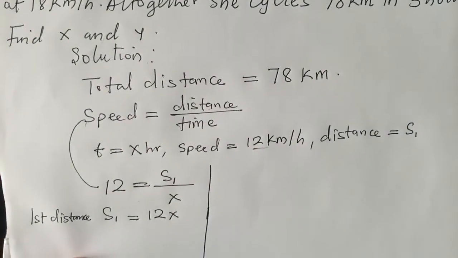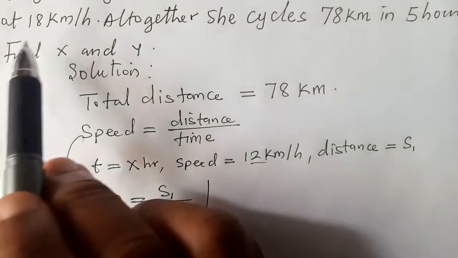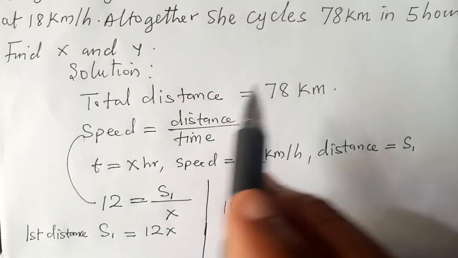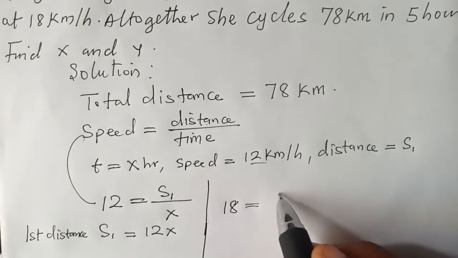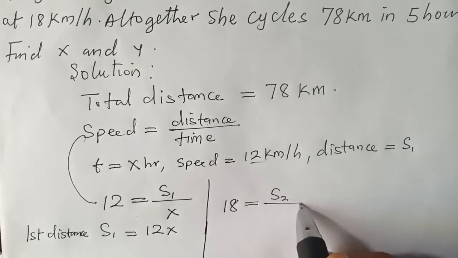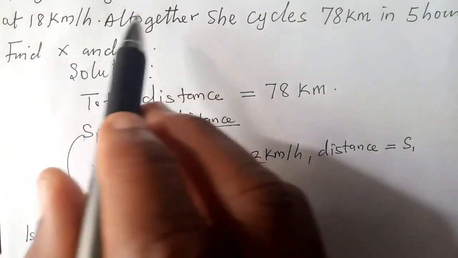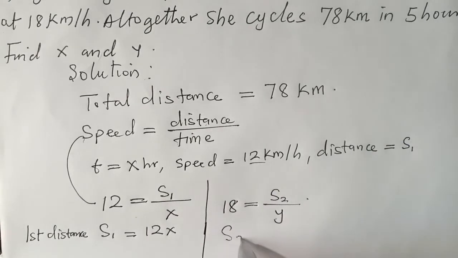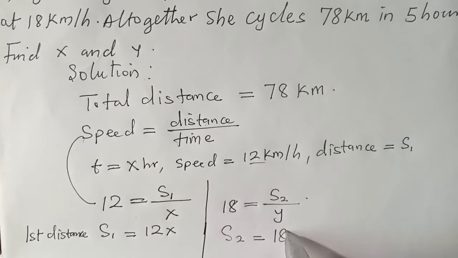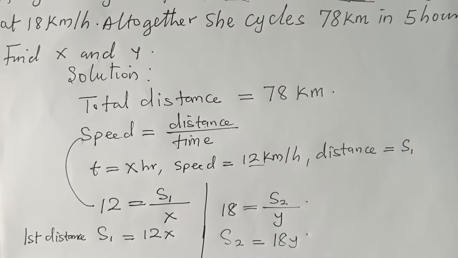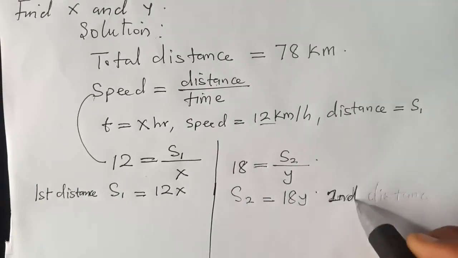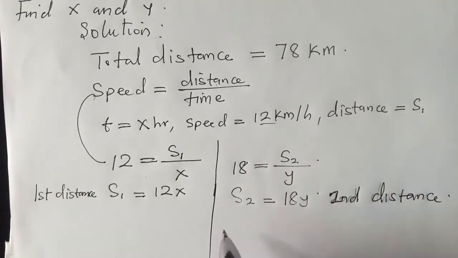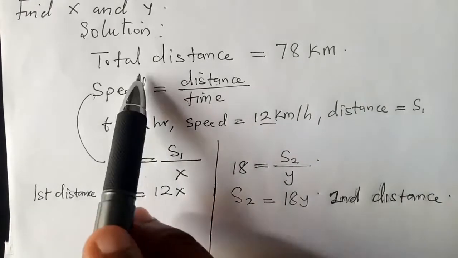Okay, for the second stage of the movement, we have speed as 18, and the distance of that second one I'll call S sub 2, because distance is different for different speeds, and the time given there is Y. So when I make distance the subject of the formula, I'm going to have 18 multiplied by Y. These are minor equations that are helping me to achieve what I want.